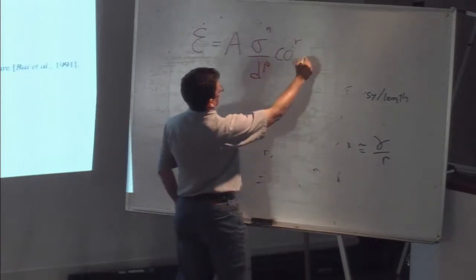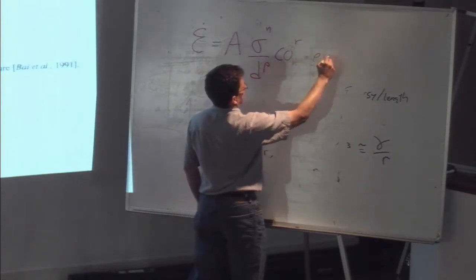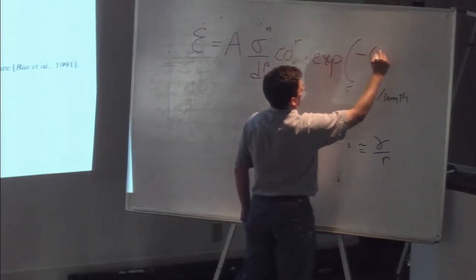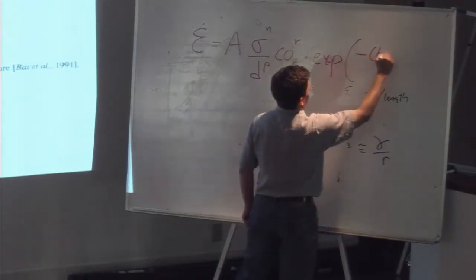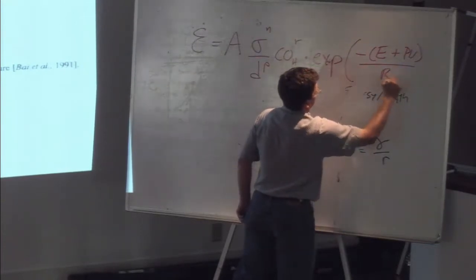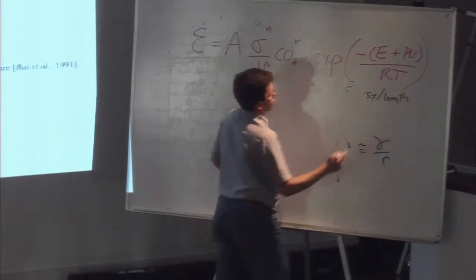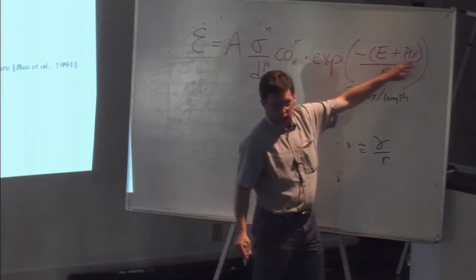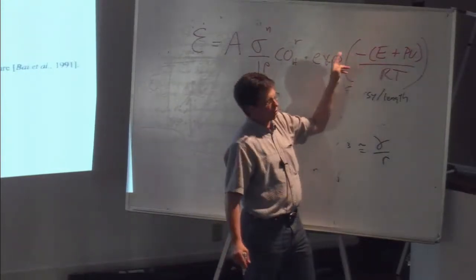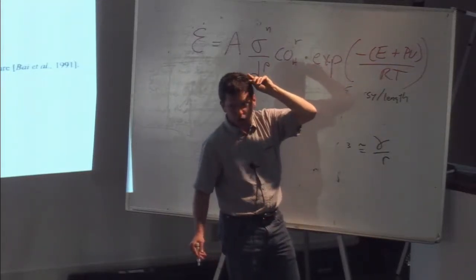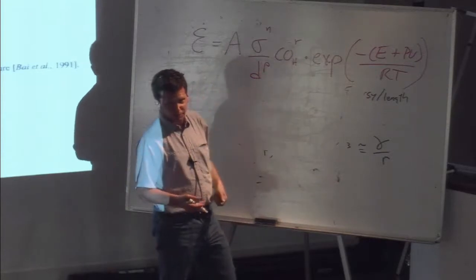And then we have an exponential term, where this is the activation energy, and this is the activation volume. So this whole thing is the activation enthalpy. So that's the temperature and pressure dependence of the deformation.